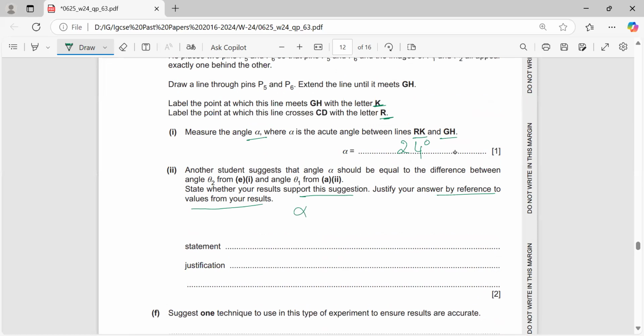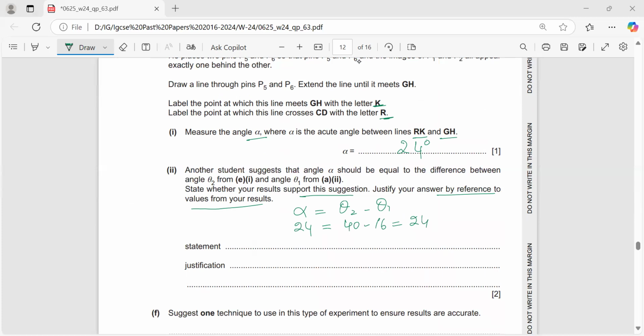So alpha is equal to theta 2 minus theta 1. Let's place the values. Alpha is equal to 24, theta 2 is 40, theta 1 is 16, so it means it's equal to 24. So both are equal. So 40 minus 16 is equal to 24.